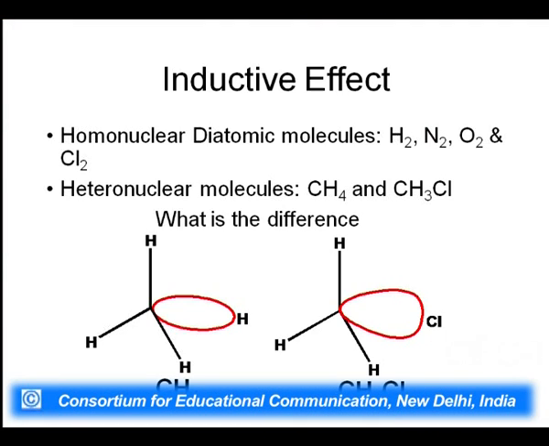The carbon-halogen bond is more towards chlorine, as you may see in the slide that the red balloon has a greater size at the chlorine side and a smaller size at the carbon, which is the intersection of all the CH bonds and chlorine.